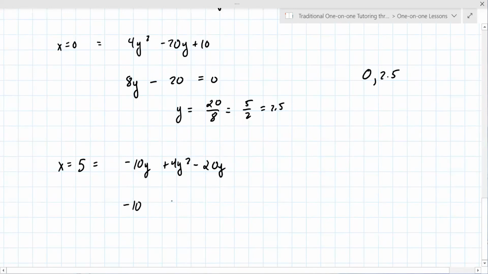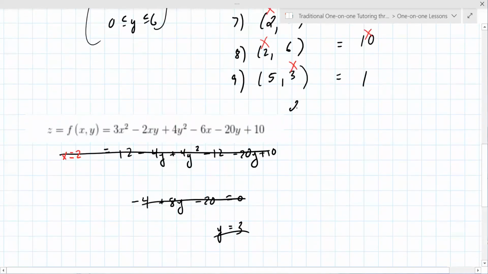So the derivative, minus 10 plus 8y minus 20 equals 0. So y is 30 over 8 or 15 over 4, which is 2.75 this time. So 5, 2.75. So this one's probably 2.75.